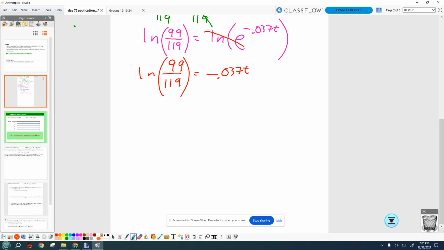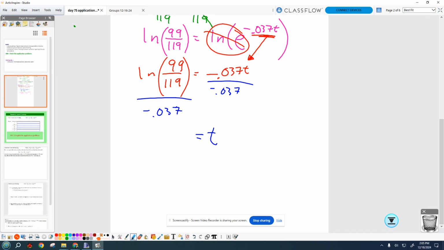It's like add 3, subtract 3, you end up with what you started with. So natural log and e are inverses and this drops out all on its own. So Amory, what's the last step? Divide by negative 0.037. Okay, so type it in, tell me what you get.